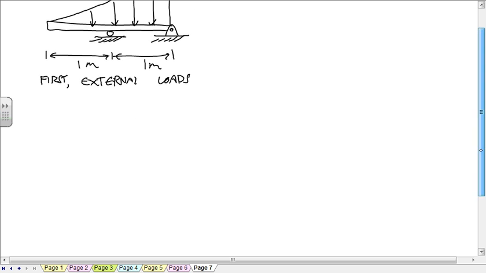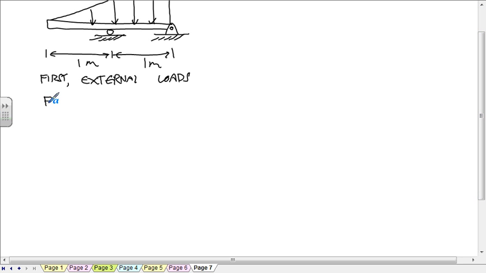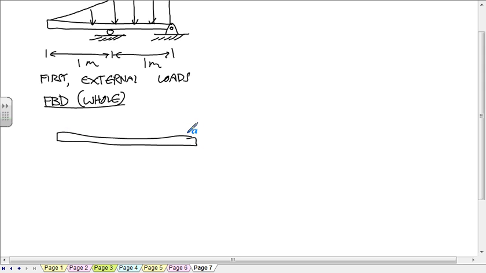So to calculate the external loads, we'll isolate the whole beam. And now that we've chosen what to isolate, we can treat that distributed load as a point force. Where is that point force going to act?